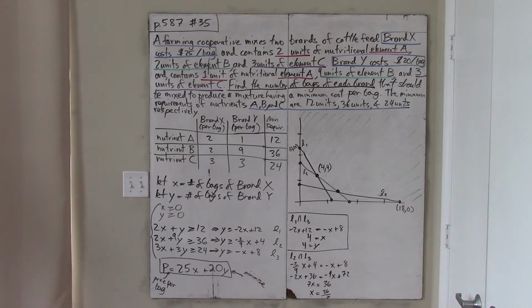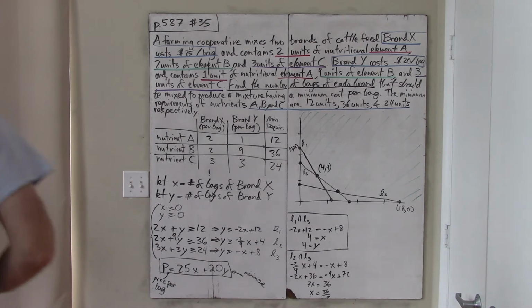2 units of A, 2 units of B, 3 units of B, 1, 9, 3. Wait. 2x plus 12, 2x to 9, 2x. Well, there is the entire problem.